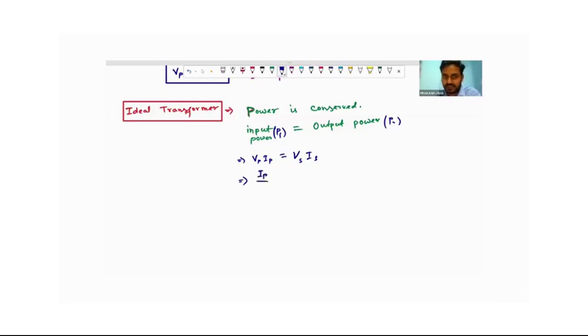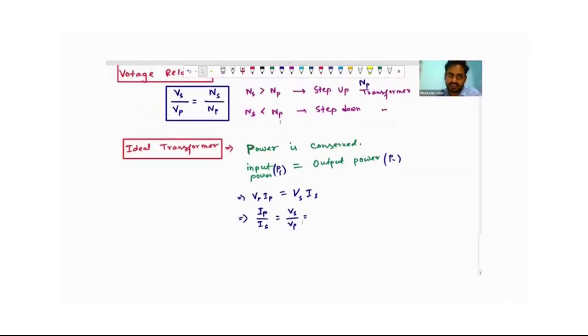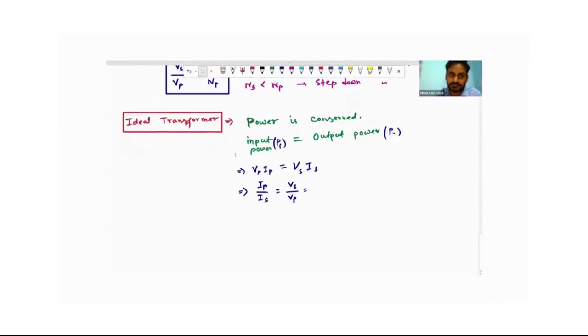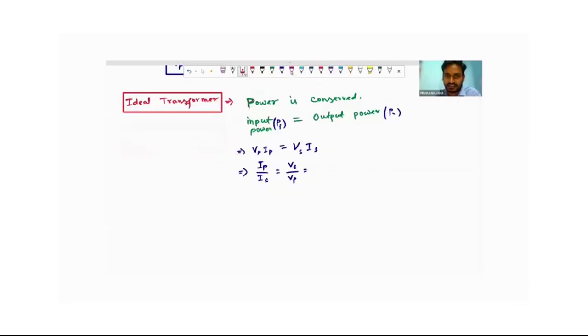Ip by Is equals Vs by Vp. As we already know, Vs by Vp is Ns by Np, so we substitute here. Ip by Is equals Ns by Np, the ratio of the current in the primary coil to the secondary coil for an ideal transformer.